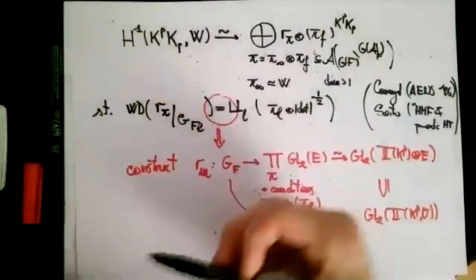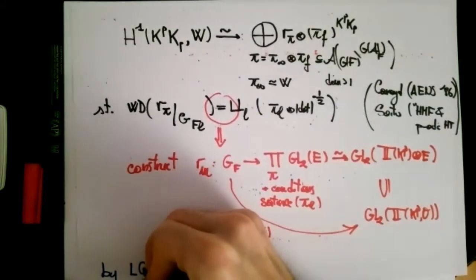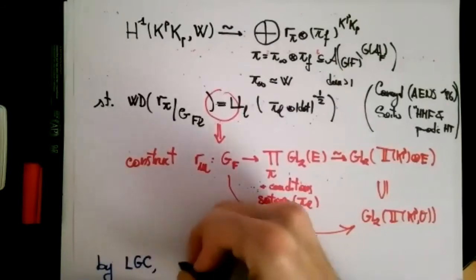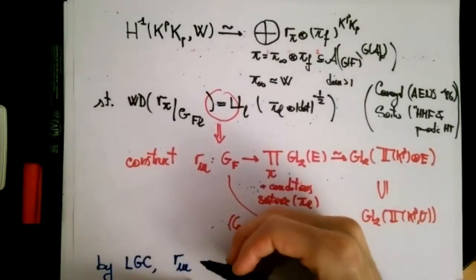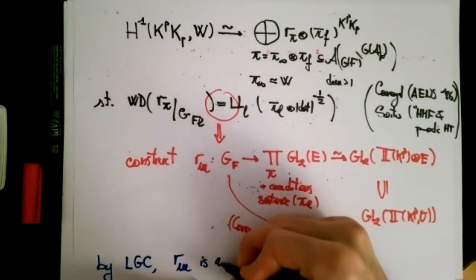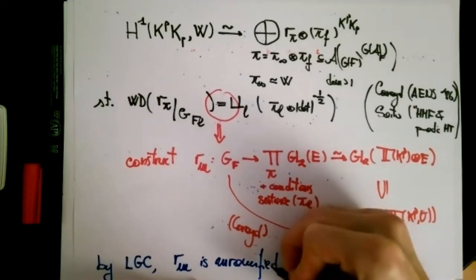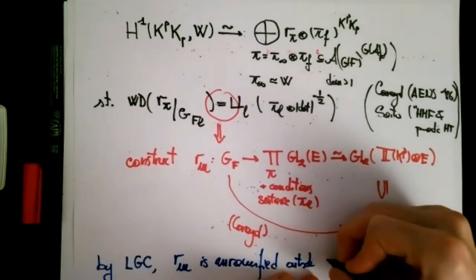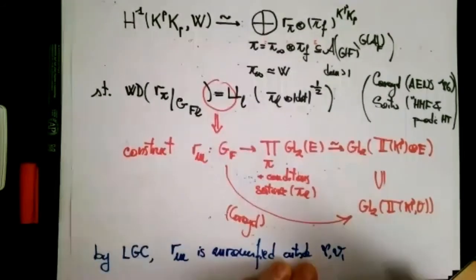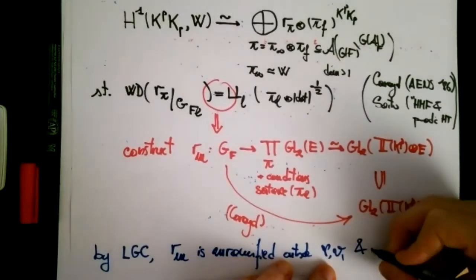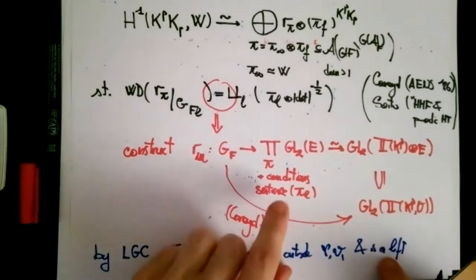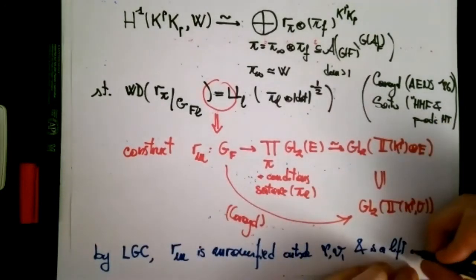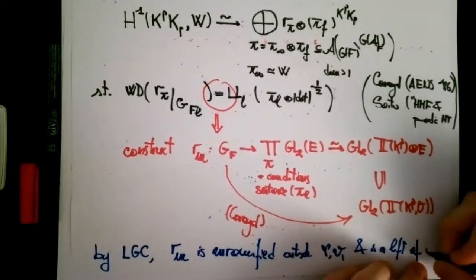So now, by local-global compatibility, this deformation rho_m is ramified outside V1, and by construction, because we have the condition on the Satake parameter, it is a lift of rho bar.